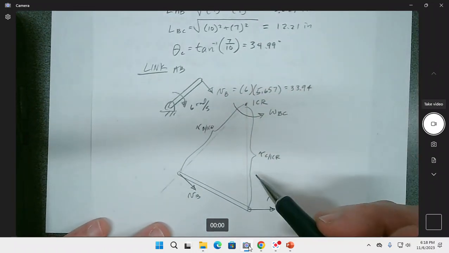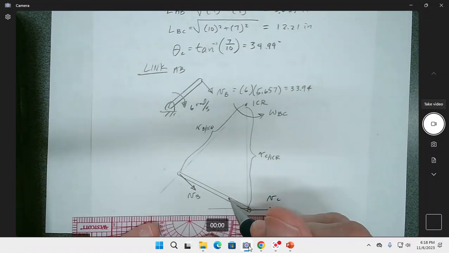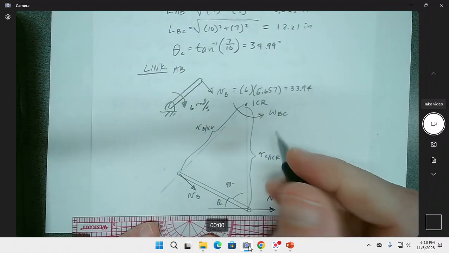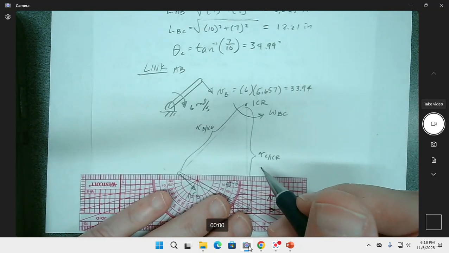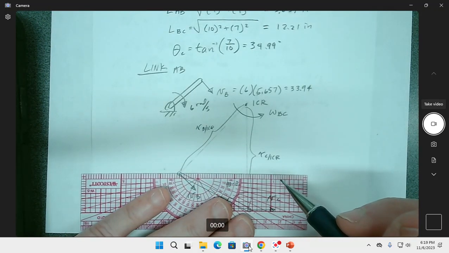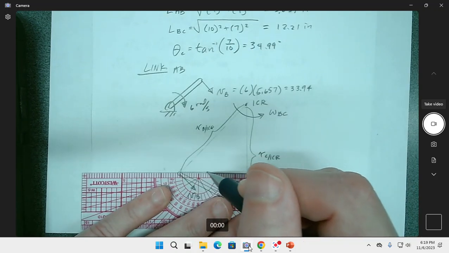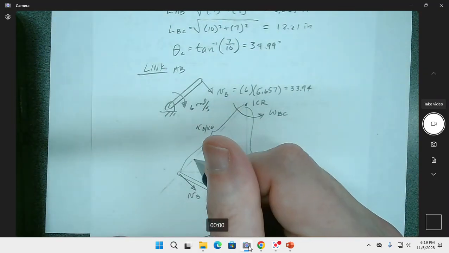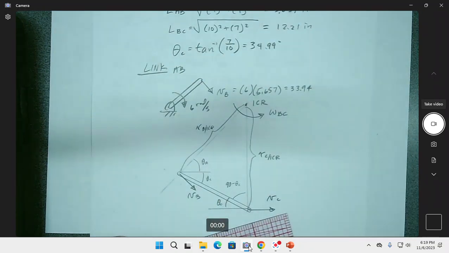Okay, let's take a look at our angles right here. Here is our angle that we just found a second ago that I called theta C. We can see that this is 90 minus theta C. Right here is our theta C, and right here is, I guess we'll call it theta A, which is the 45 degrees.